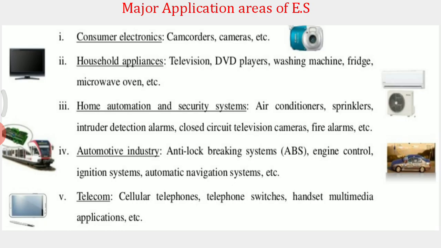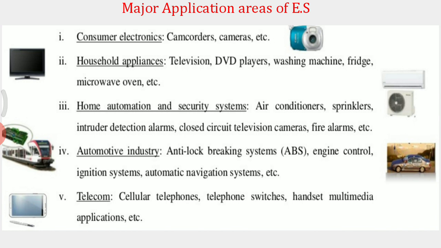Next, we will go through the major application areas of embedded systems. Here we can go through consumer electronics. Embedded systems are developed as consumer electronics. For example, camcorders or cameras are an embedded system area.